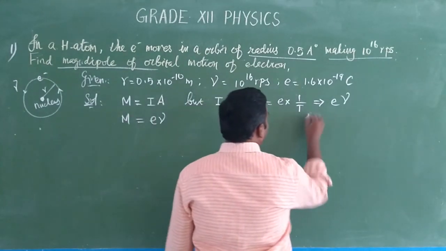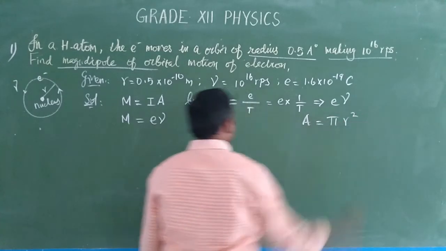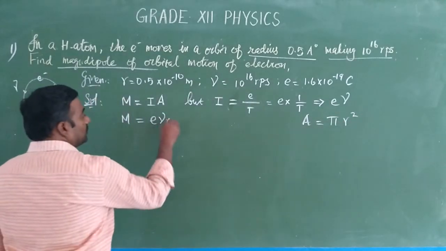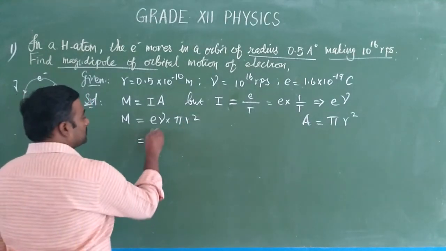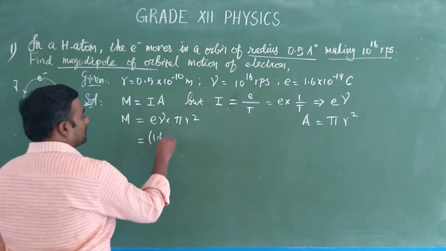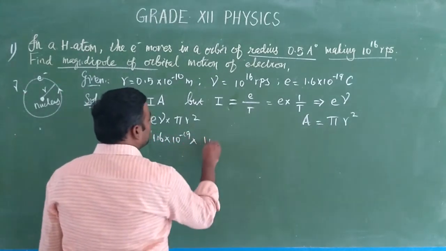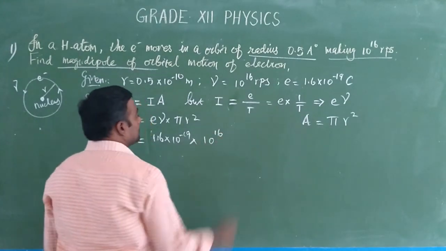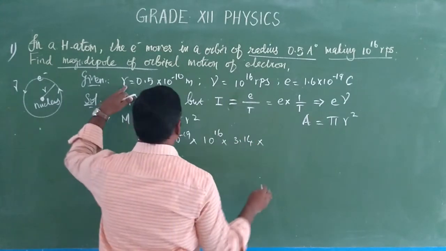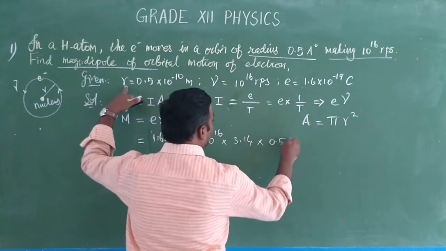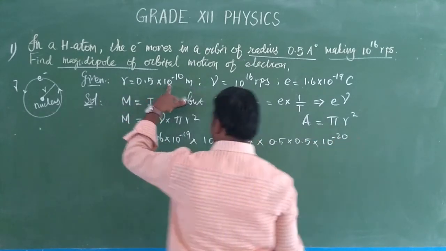What is the area? The area of the revolving electron is a circular area. It is pi r square. So substitute all the values. The charge of electron is 1.6 into 10 to the power minus 19 coulomb, into the frequency, 10 to the power 16 rotations per second, into the value of pi, 3.14, and the radius square, so 0.5 into 0.5 and 10 to the power minus 20.